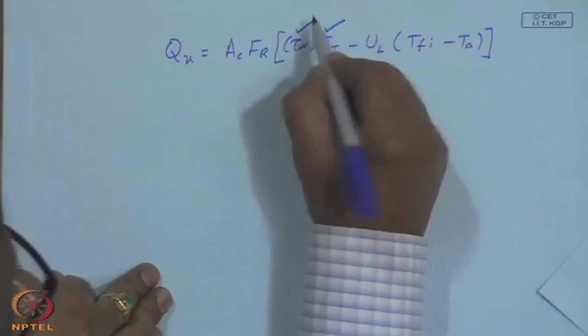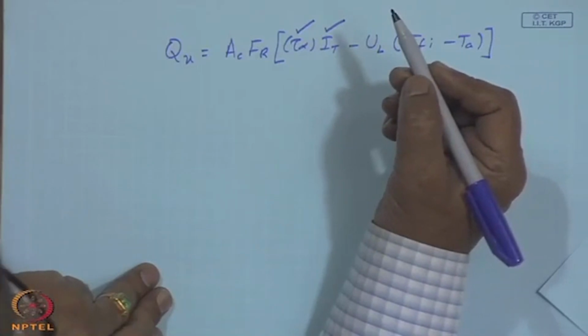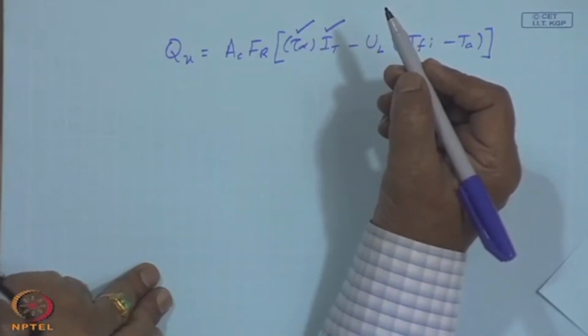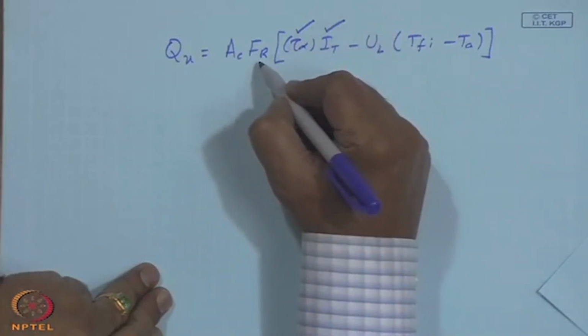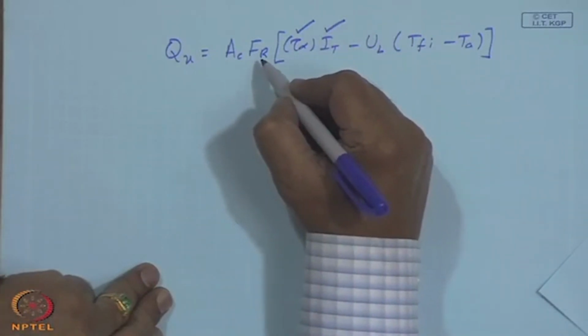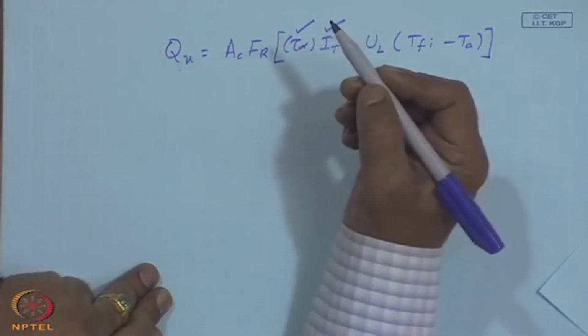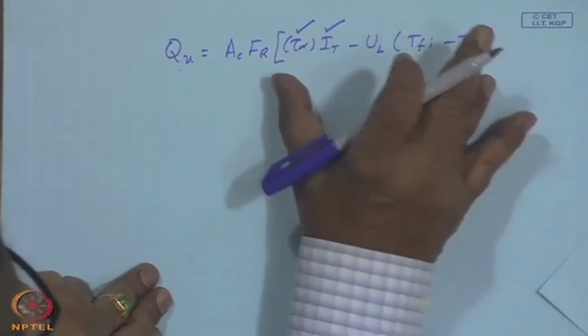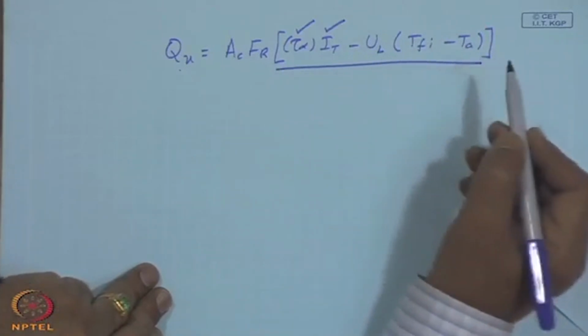And we also know how to estimate tau alpha comprising of sky diffuse radiation, direct radiation and the ground reflected radiation, and F R will depend upon my actual energy gain, for which I should find out what is this Q u, upon the maximum possible if the entire collector is at the inlet temperature as given by this term.